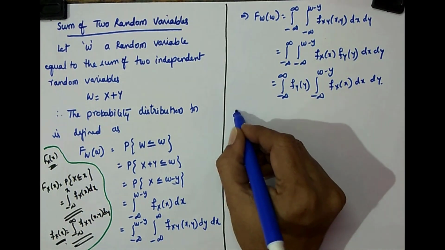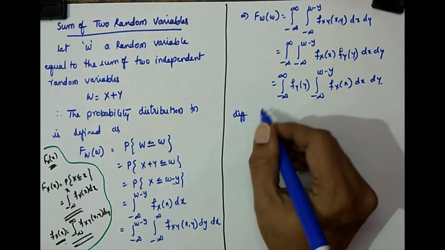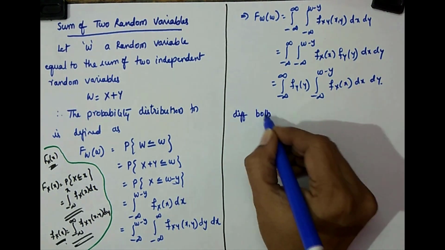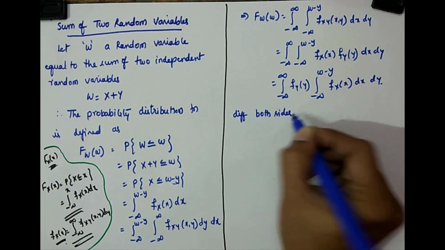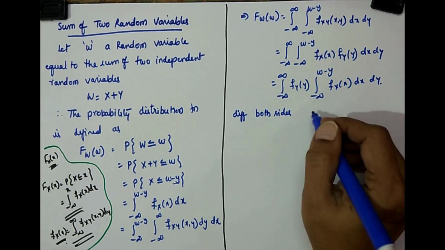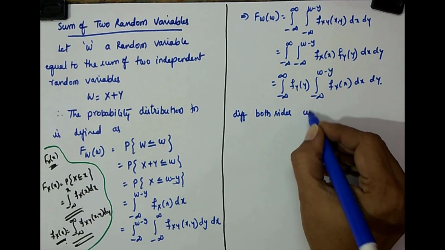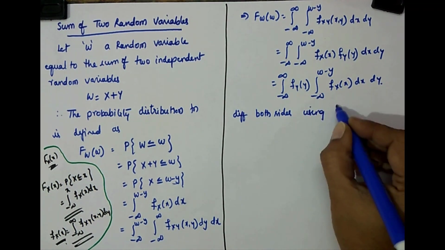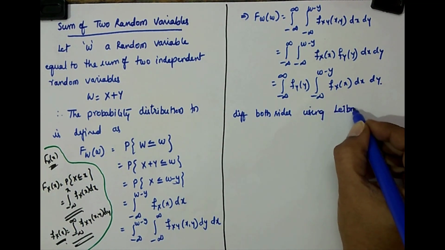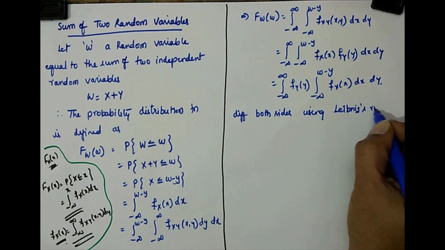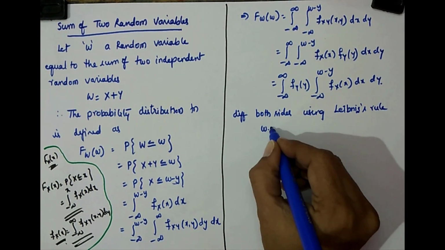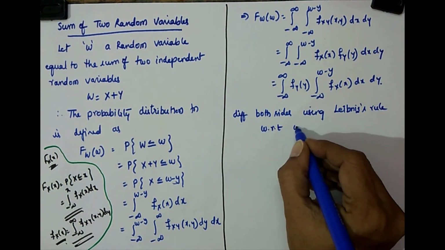Now differentiate both sides using Leibniz's rule with respect to w.